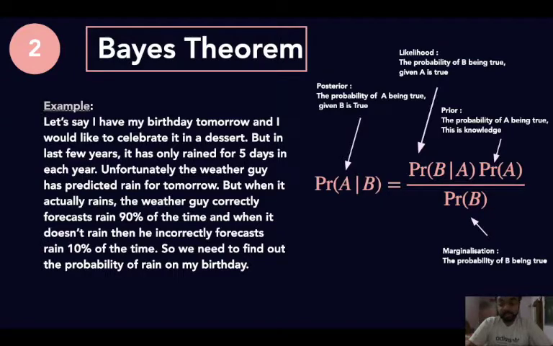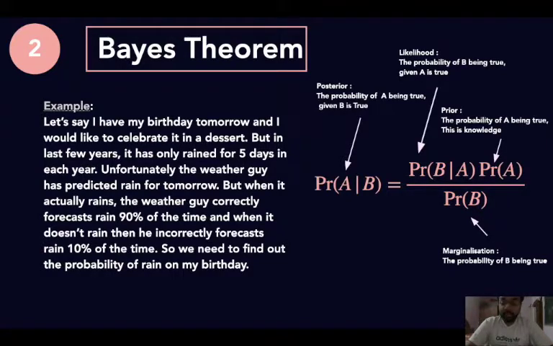Well, there would be another event. The other event would be the weather guy who predicted that there are chances of rain today. So that's kind of sad. The weather guy actually forecasts correctly 90% of the time when it actually doesn't rain, but he is 10% of the time wrong when it actually rains.